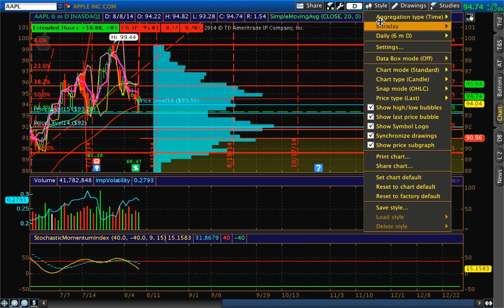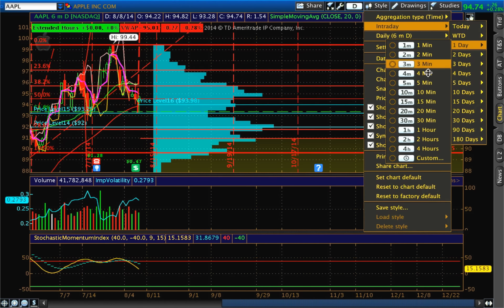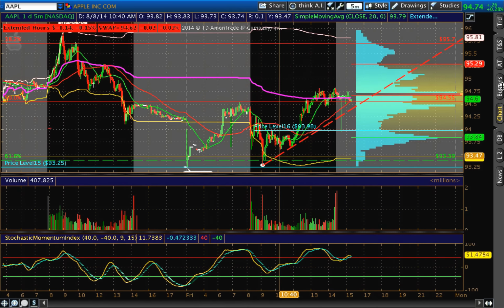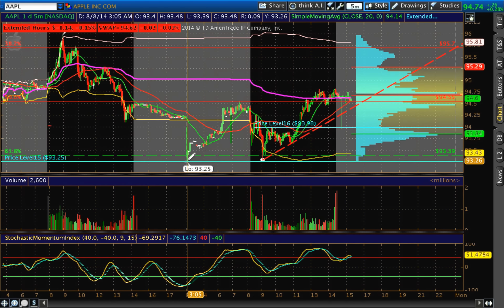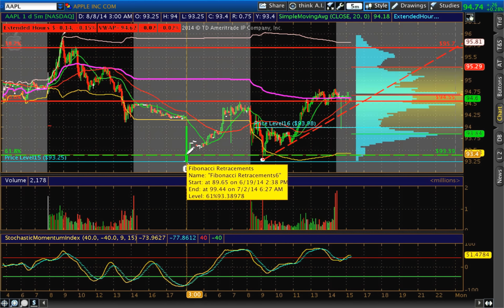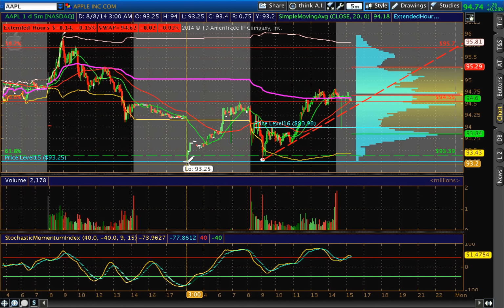Intraday, what are we looking for in the setup? So let's go to a 1-day, 5-minute chart and take a look. Apple was down pretty hard pre-market with the rest of the tape on this Iraq news, and the low there had I guess just eclipsed this 61.8 fib level, but the relevant level here for the purposes of this video is 93.25.